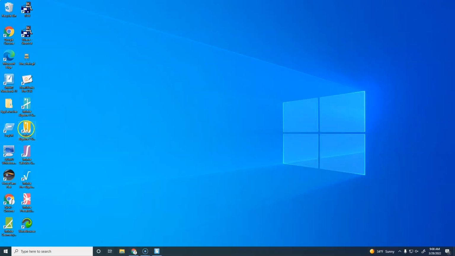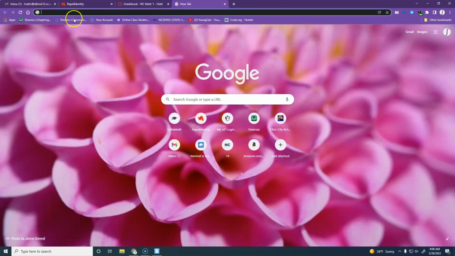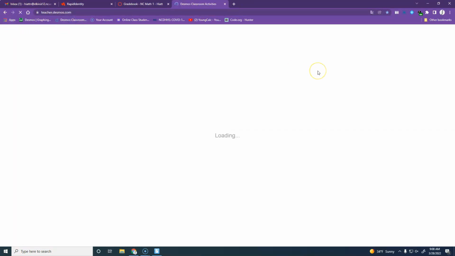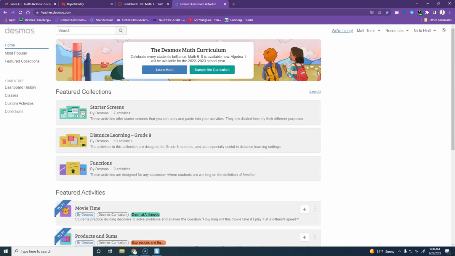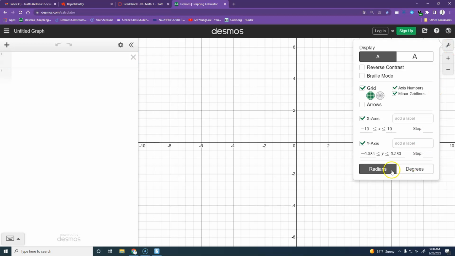So, let's see here. I was going to pull up Desmos. The first thing you need to make sure that you do whenever you're doing these problems, is if you're using Desmos, go over here, click the wrench, go down where it says radians and degrees, and click degrees. The default is radians.